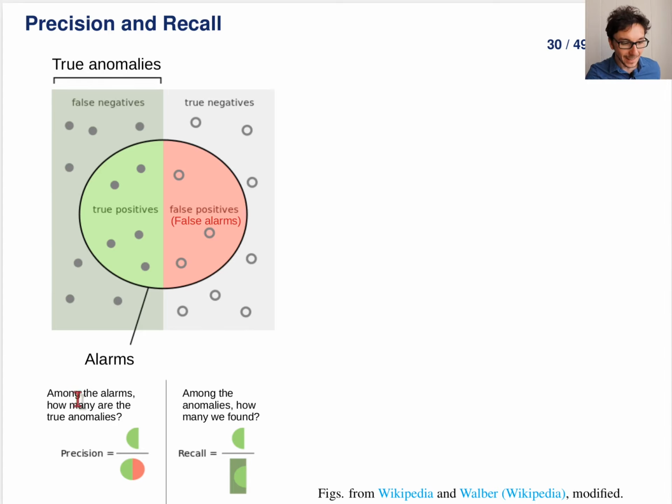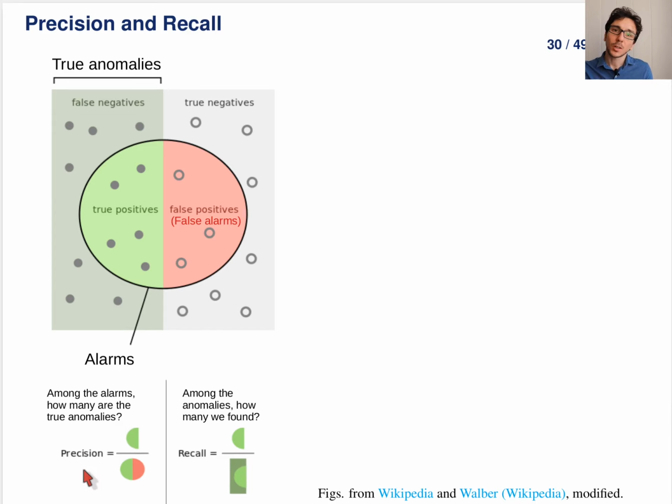We don't want a detector that is very imprecise, that says for many points this is an anomaly and then it is actually not. So recall and precision are both important. Recall is easy to understand: we don't want to miss any anomalies, because anomalies are dangerous.